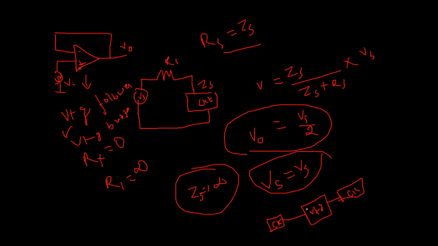This circuit will not be loaded by the output voltage of circuit 1 because it has high input impedance, and it has the same voltage: whatever occurs on the input side will be given to the output side.